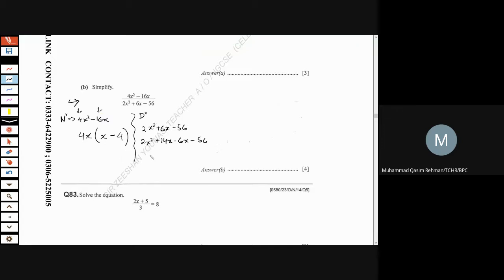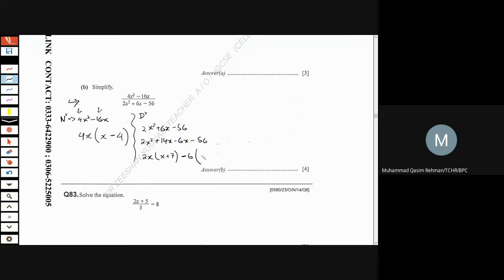Now you take common from the first 2 terms, 2x, what do you get? x plus 7. And then minus 8 is common from the second one. Now I'm taking a negative sign as common, which will change the sign of these two terms. Now the first one here is with the minus, the second one here is with the minus as well. So inside the brackets, they both will have a positive sign, because I took a minus sign as common.